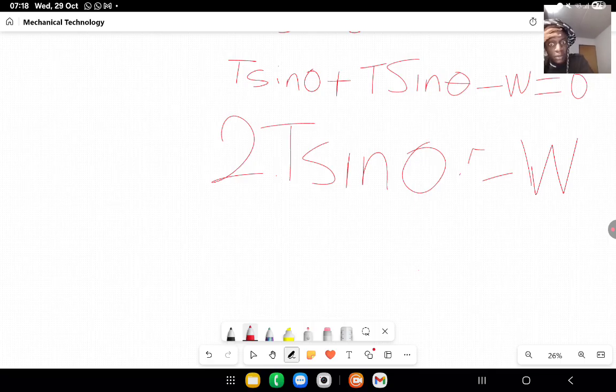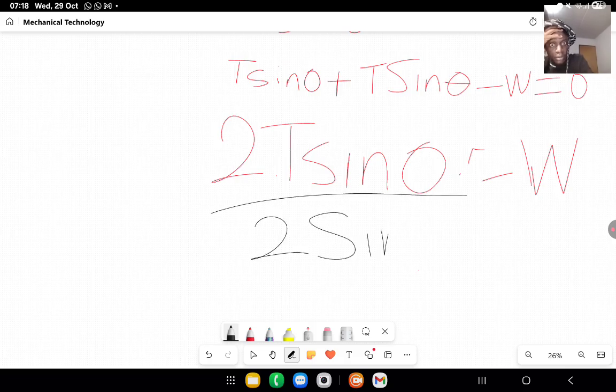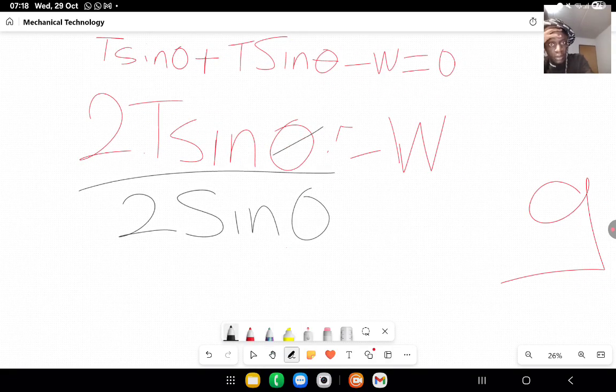Let me change the color. We are going to divide by 2 sine theta.